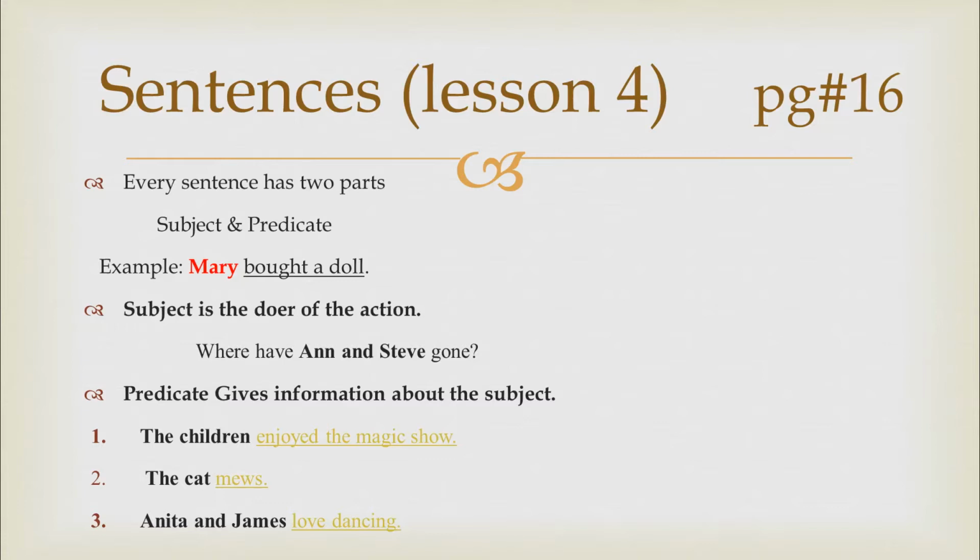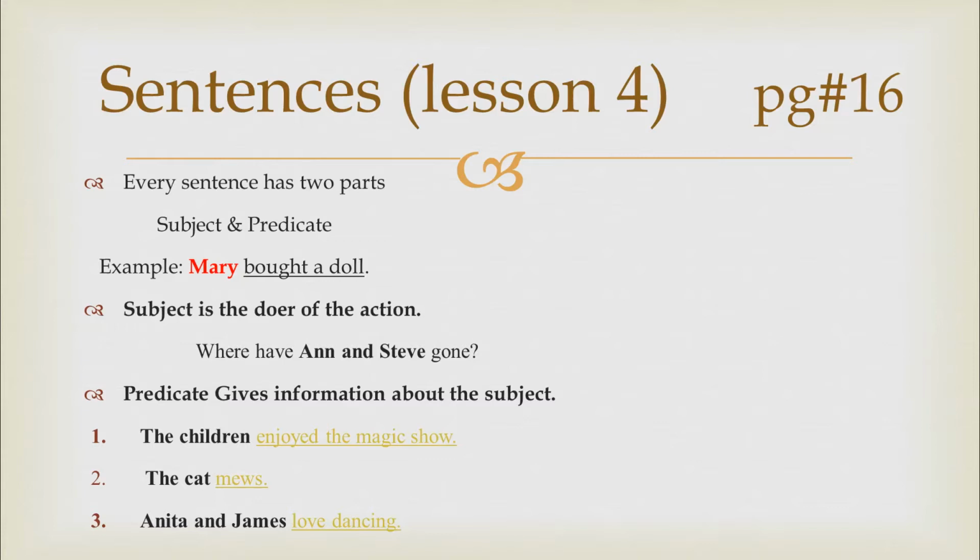What is a predicate? Predicate is the part of the sentence that gives information about the subject. We keep the subject aside and the rest of the sentence is the predicate. The children enjoyed the magic show. We will take the subject apart, the children, and enjoyed the magic show is the predicate of this sentence.